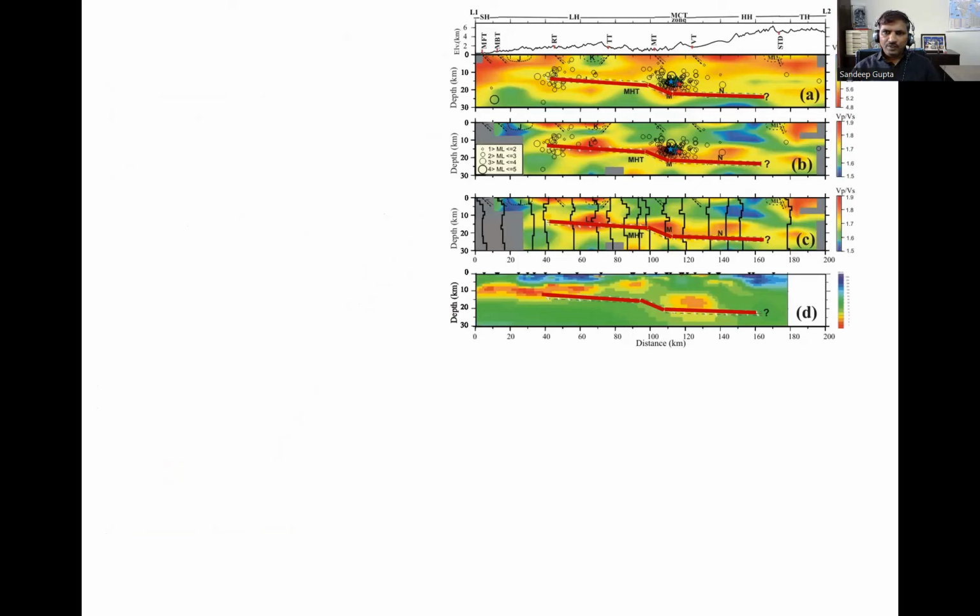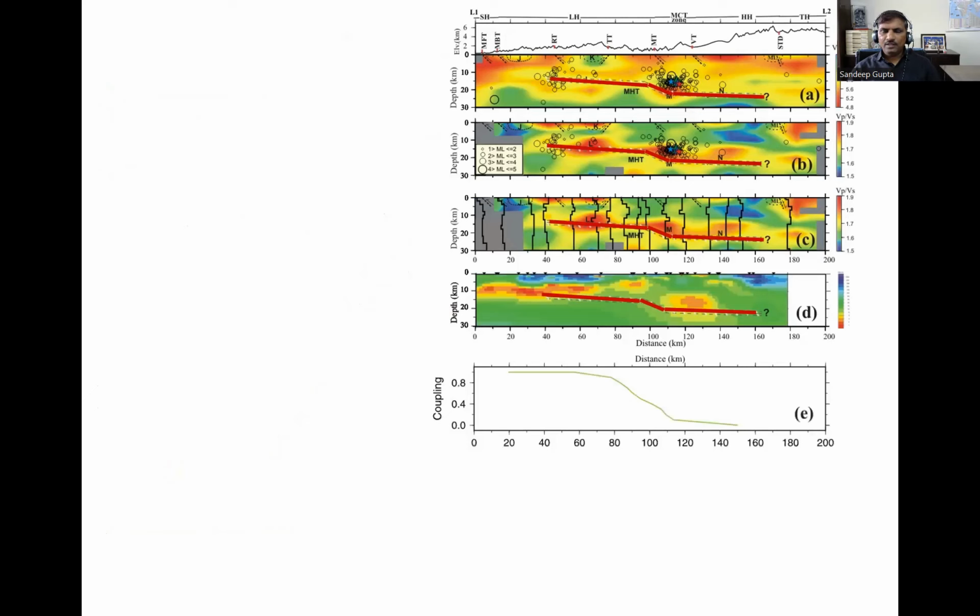To further relate it with the occurrence of earthquakes, we make use of the GPS measurements available in this area. The GPS study shows that the upper flat portion is strongly coupled, so it is of locked rheology, whereas the ramp is partially locked. The MHT is considered to be of locked rheology at a temperature less than 350 degrees, whereas of creep rheology at a temperature of more than 450 degrees centigrade.